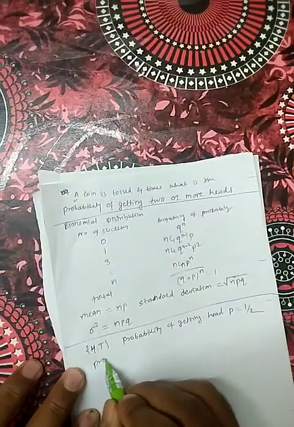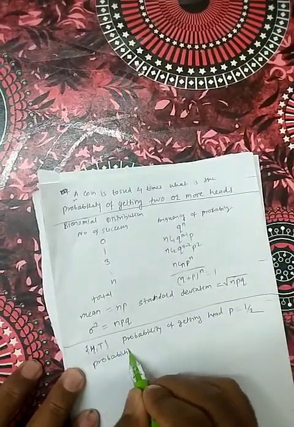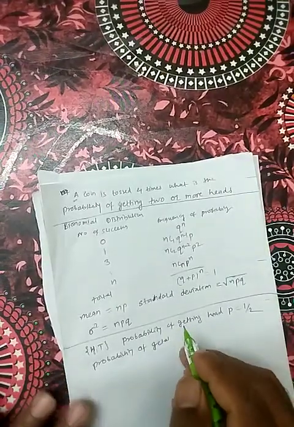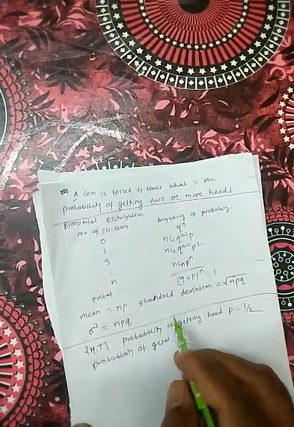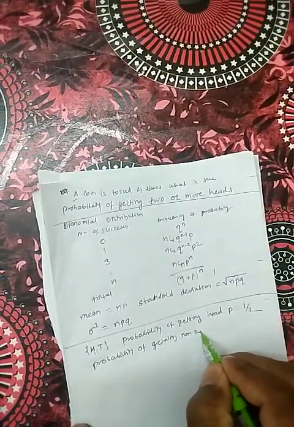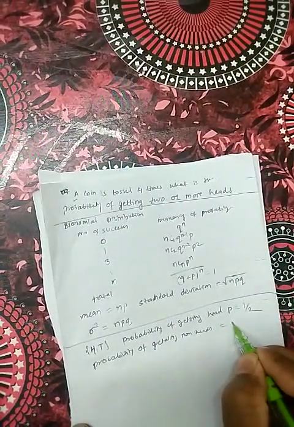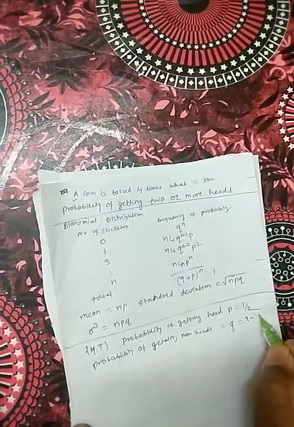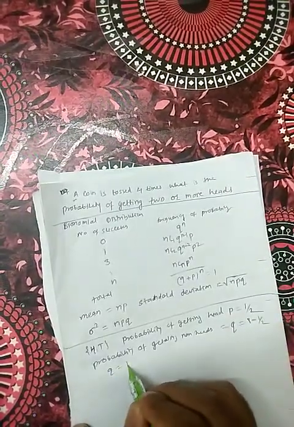Similarly, probability of getting non-heads is q, which is equal to 1 minus half. So q equal to half.